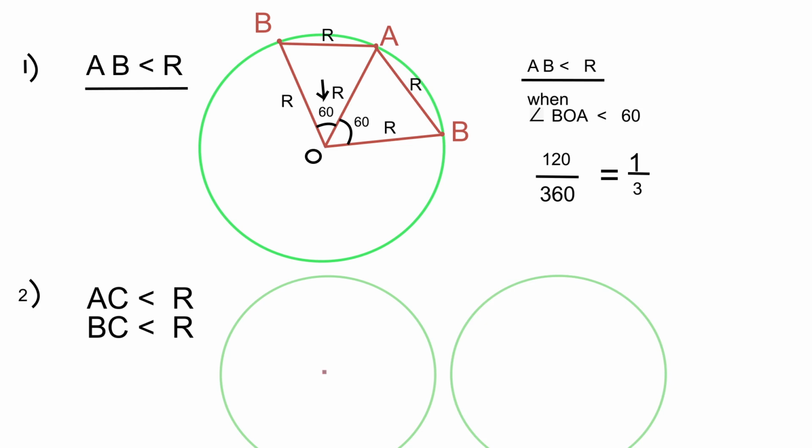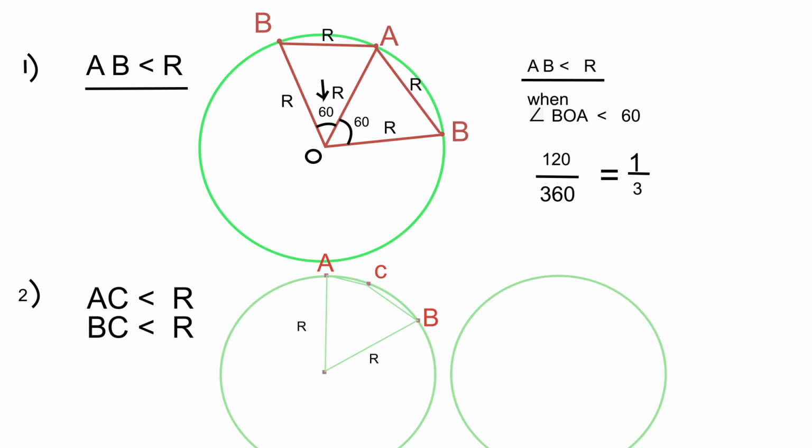The first is when we have A here and we've got B here, and C is somewhere in between. So C is, let's say, here. And now we can draw our distances. This is, of course, the radius, like that. And AC is here, and BC is right here. And this is R, and this is R.